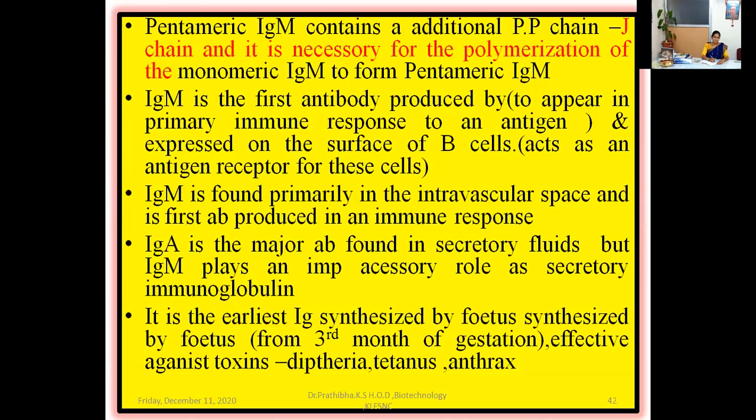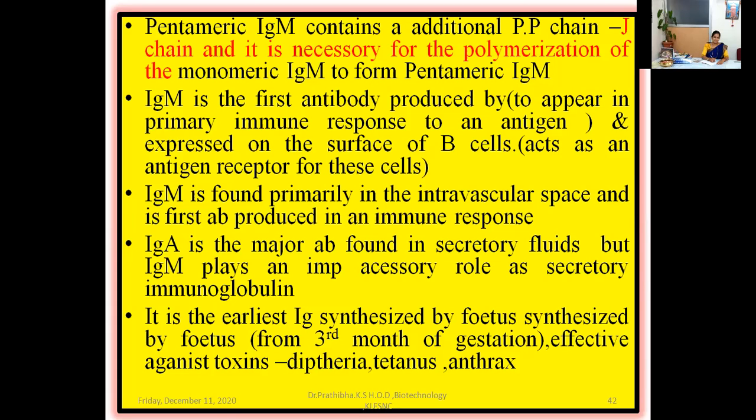IgM is the first antibody produced by lymphocytes to appear in the primary immune response to an antigen, and it is expressed on the surface of B cells, acting as an antigen receptor of these cells, like a membrane bound immunoglobulin. IgM is found primarily in the intravascular space and is the first antibody produced in an immune response.